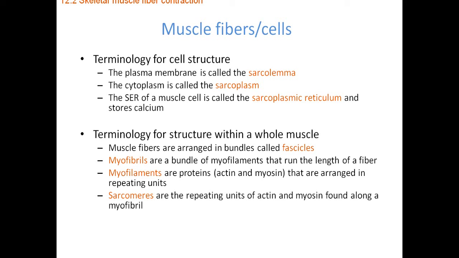Okay, myofilaments are individual groups of proteins, and the two proteins that we really talk about are actin and myosin. And actin and myosin are common in muscles of all sorts of animals. Okay, so myofilaments, they're in repeating units, and then the sarcomeres are like subdivisions of the myofilaments.